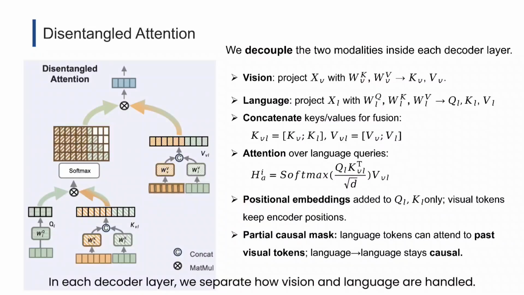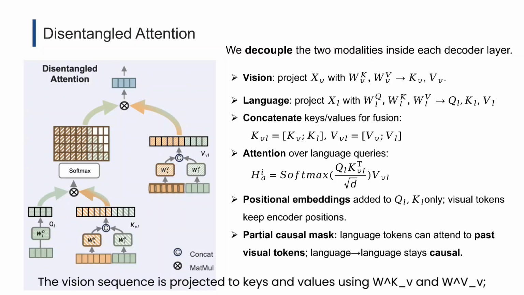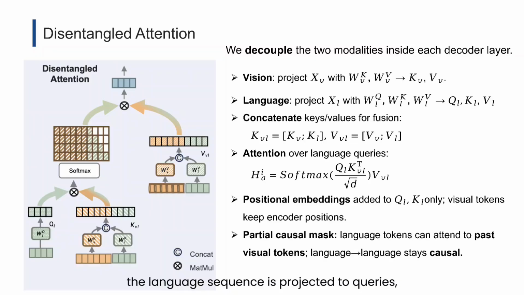In each decoder layer, we separate how vision and language are handled. The vision sequence is projected to keys and values using WK_V and WV_V. The language sequence is projected to queries, keys, and values using WQ_L, WK_L, WV_L.